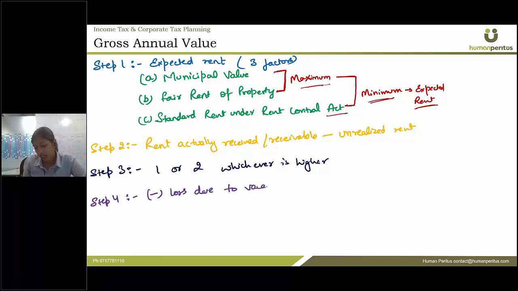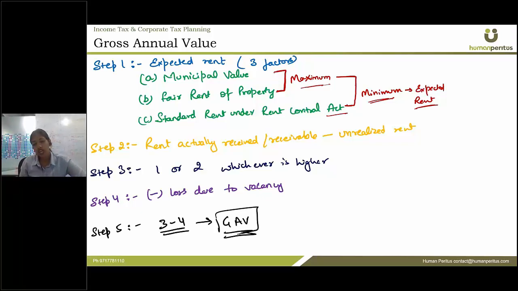So if the property is vacant for a few part of the year, then we deduct it with that loss. And finally, in step 5, that is 3 minus 4, we get gross annual value, GAV. And if we do not have any loss in step 4, then step 3 will become our GAV.